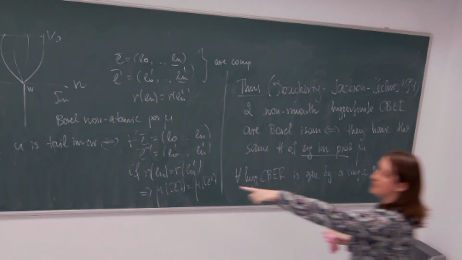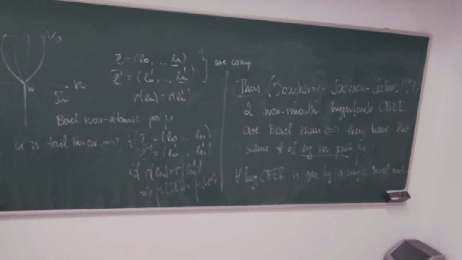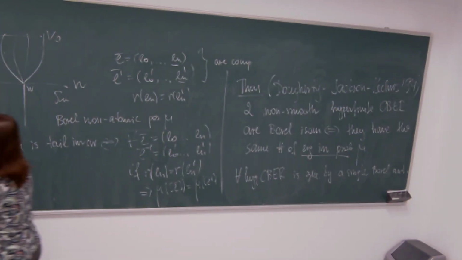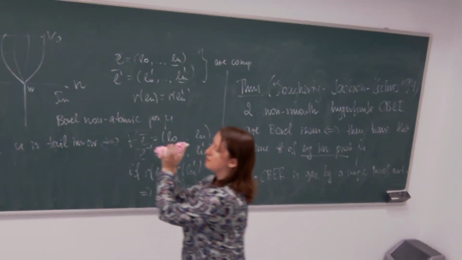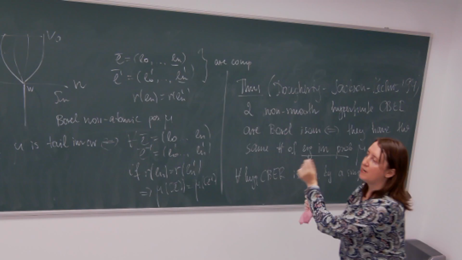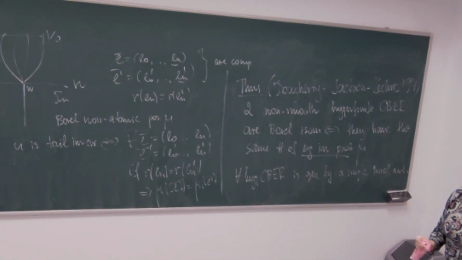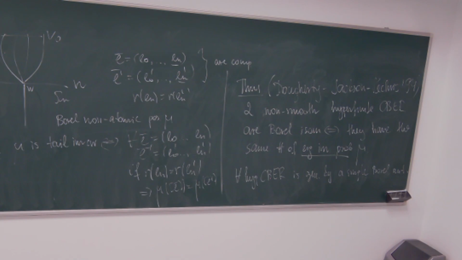Hyperfinite means that it can be written as a countable union of increasing equivalence relations which have finite orbits. It's also one of the motivations why it's important to study probability ergodic invariant measures for generalized Bratteli diagrams, because it will help us to classify equivalence relations.